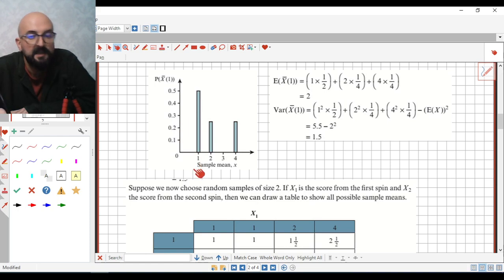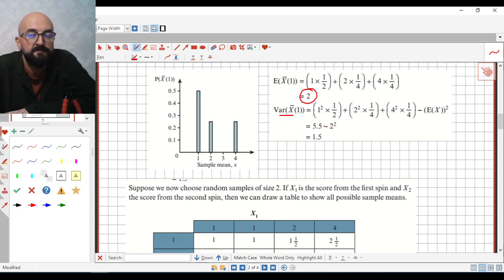The graph looks like this. As you remember, the probability of 1 is 1 over 2, also 0.5, and the probability of 2 is 1 over 4, also 0.25, and the same for the probability of 4. For the expectation, please remember the formula: 1 multiplied by the probability of 1, plus 2 multiplied by the probability of 2, plus 4 multiplied by the probability of 4, and the expectation for sample size 1 is 2.